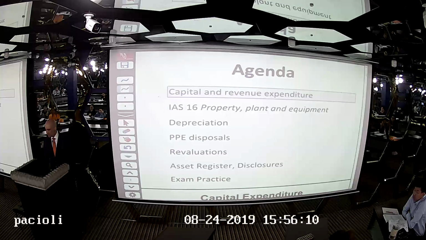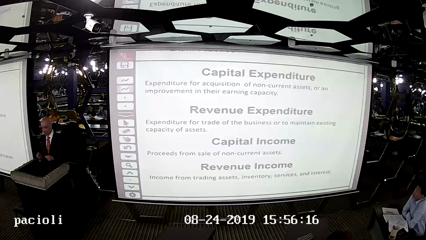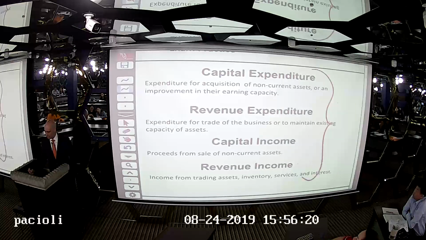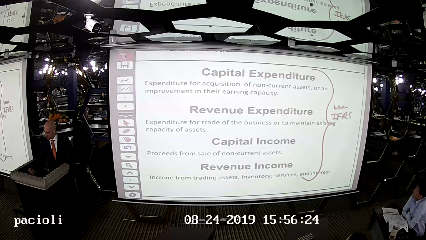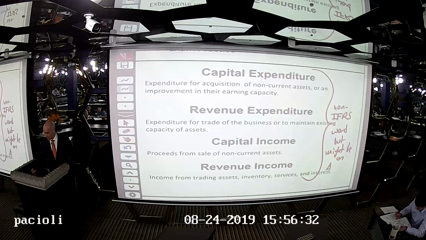I'd like to just briefly review the words capital and revenue expenditure. These words are not in IFRS. These are non-IFRS words. But they might be on your exam, on the ACCA exam.